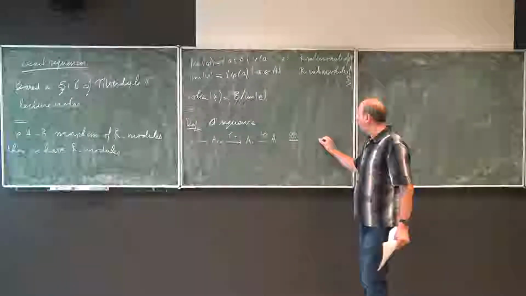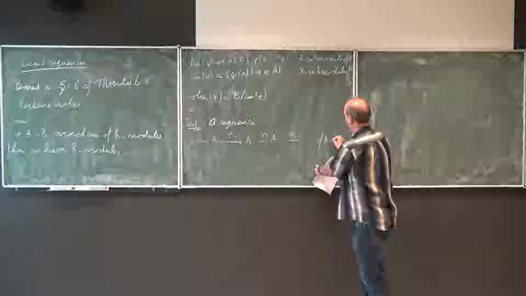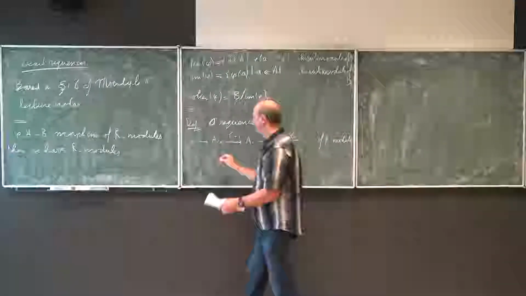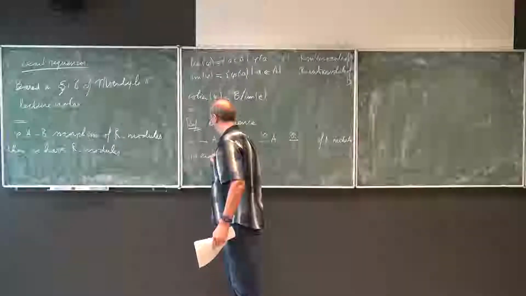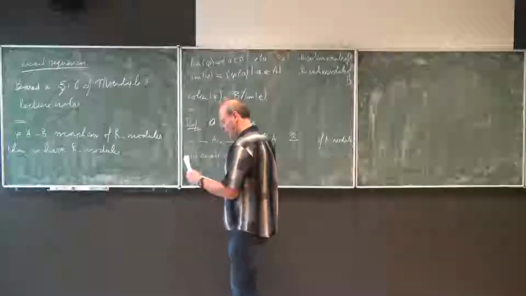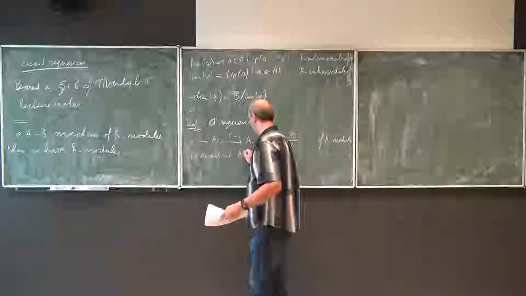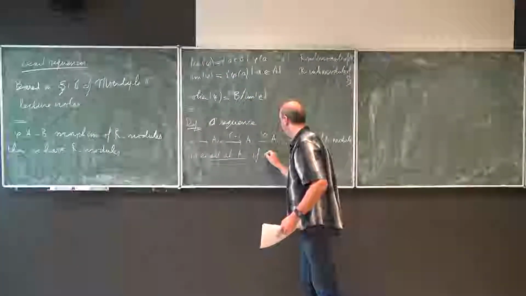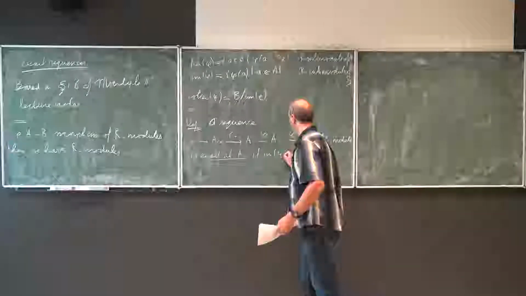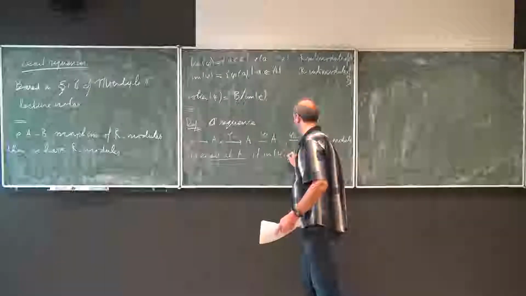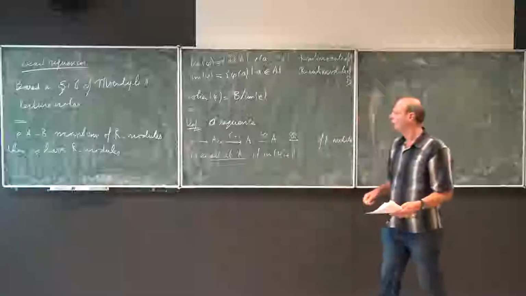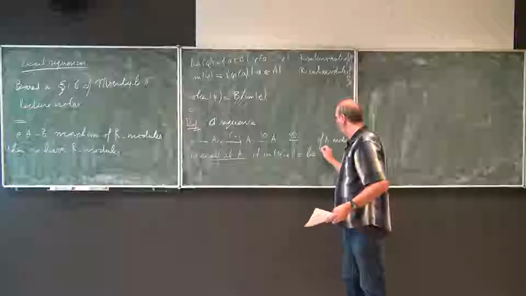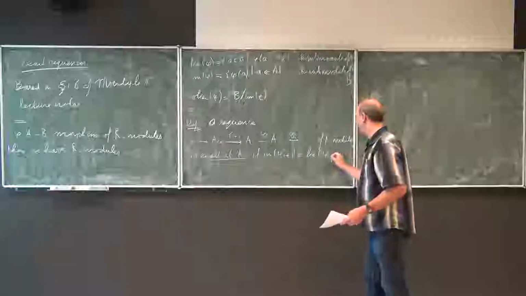So a sequence of R modules is called exact at A_i if the image of the incoming map, image of phi_{i+1}, which is a submodule of A_i, is exactly the same as the kernel of the outgoing map, phi_i.